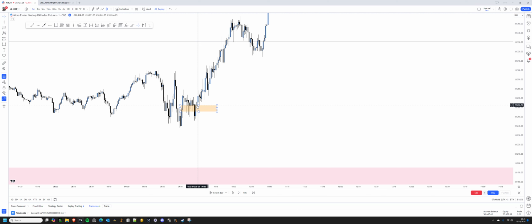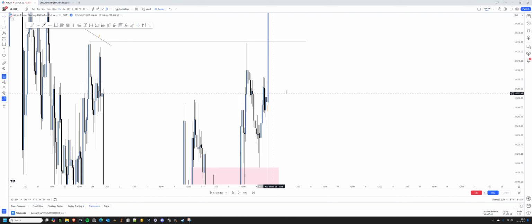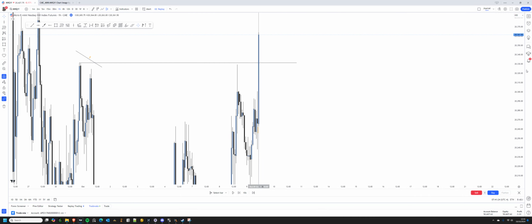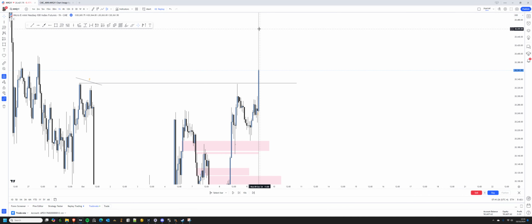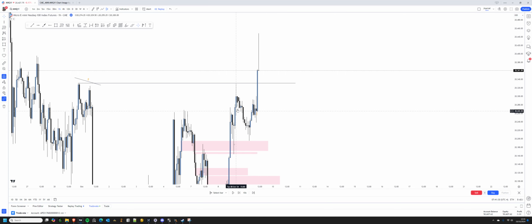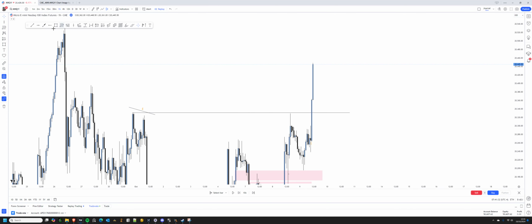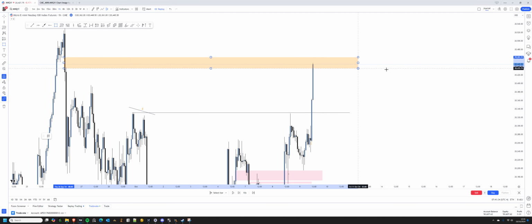So sometimes I enter 1 minute before, and that's what I did in this case. And yeah, the draw was pretty obvious for me. I probably should have left the runner, because we did continue going, and looks like we came into here.